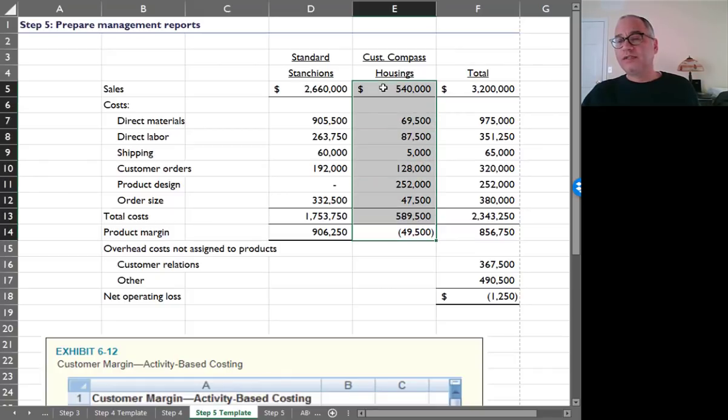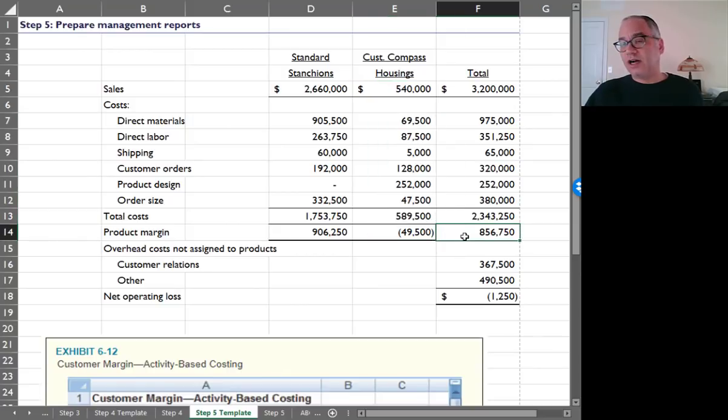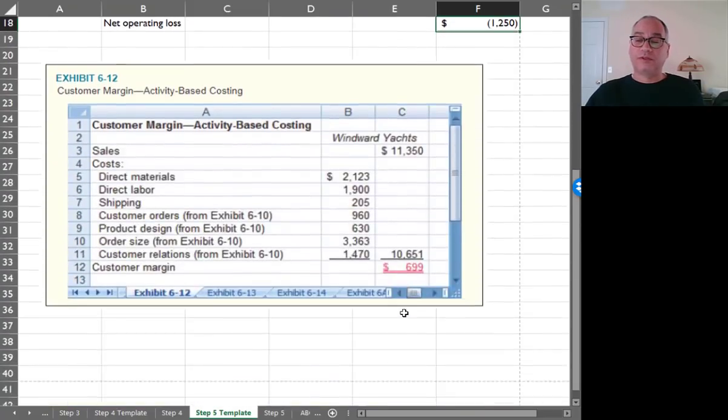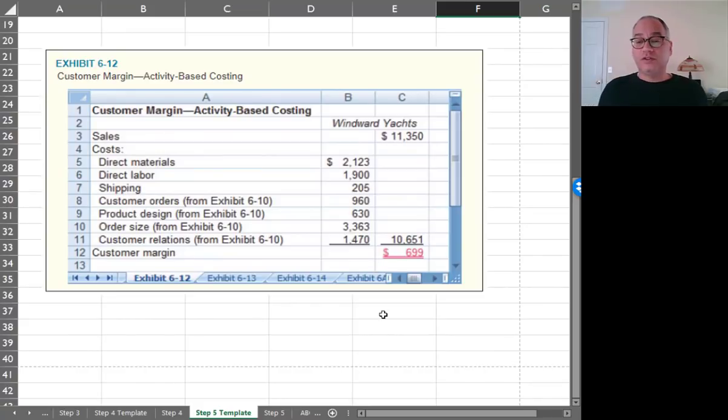So if we just eliminated this entire column, then our product margin would go up to $906,250, and then we would have another $49,500 more in income. So we would be making money instead of losing it. And this is a much more reliable measure of that than variable costing or absorption costing, which we saw in the previous chapters.